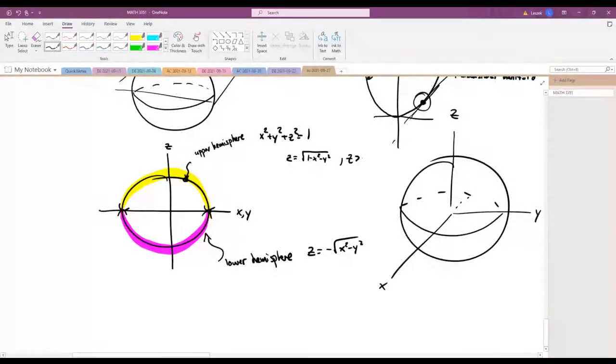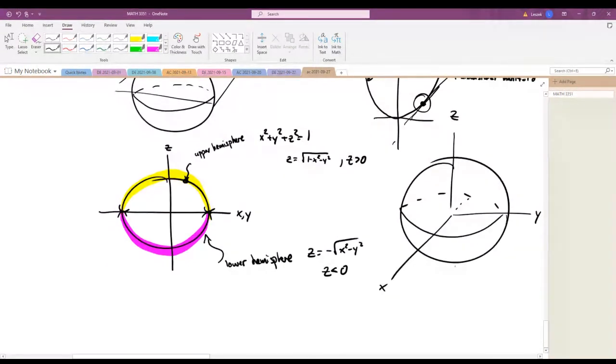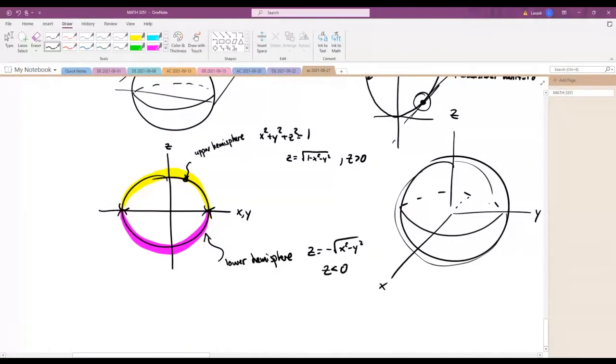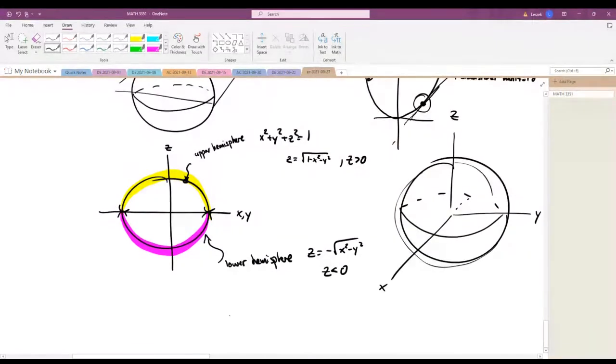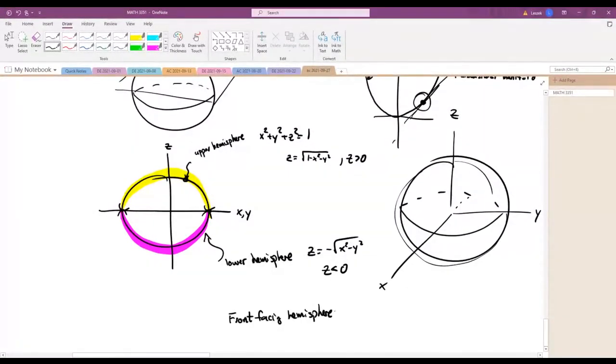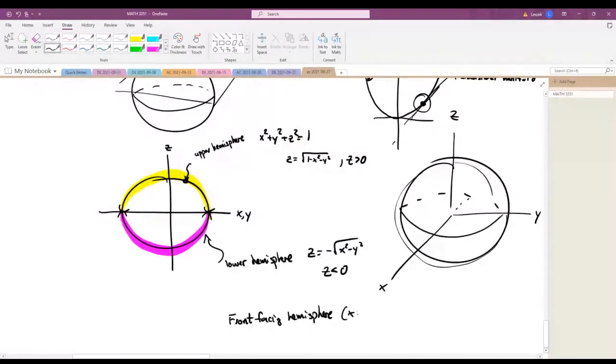Right, Z's positive, here's Z's negative. So that's the top, but we still need to cover the equator, but we can find another patch where X is positive, so this is the front-facing hemisphere. I don't know how to say that.